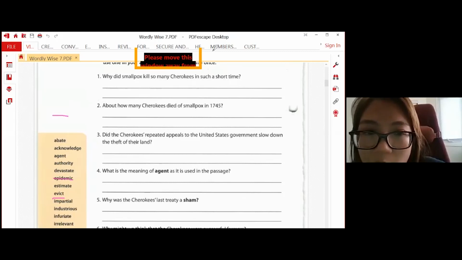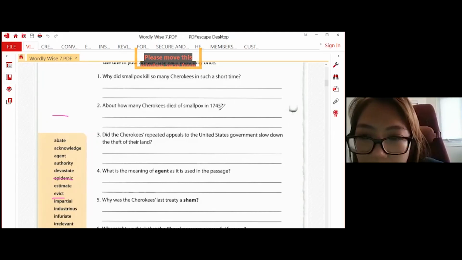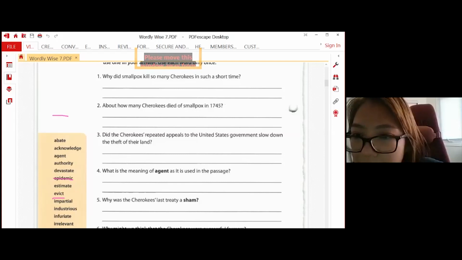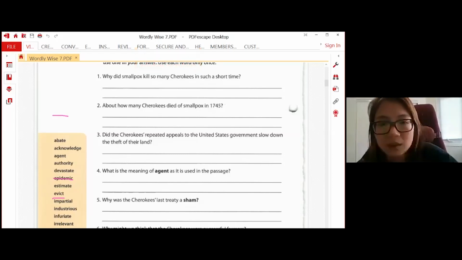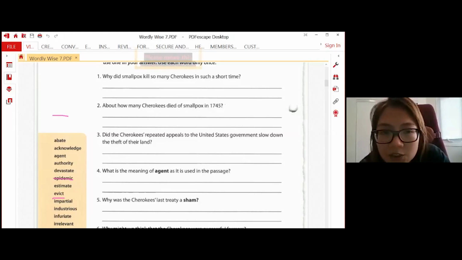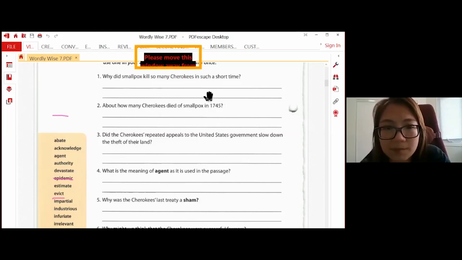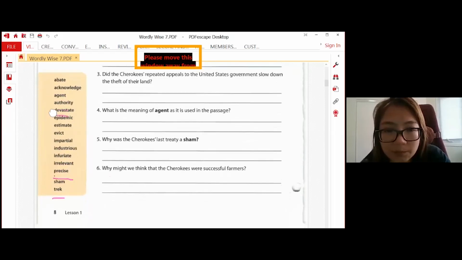Next one, about how many Cherokees died of smallpox in 1745? Remember, you always have to use one of the words and you cannot repeat it.